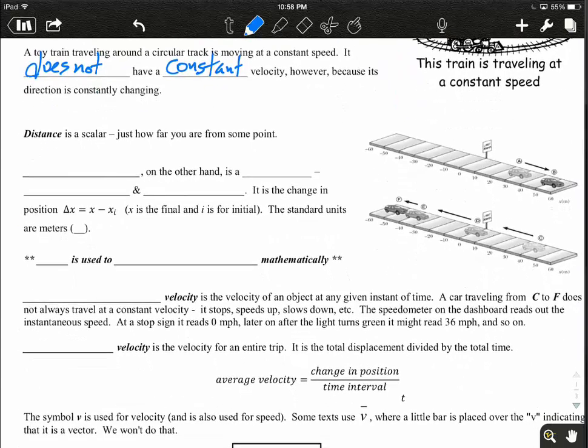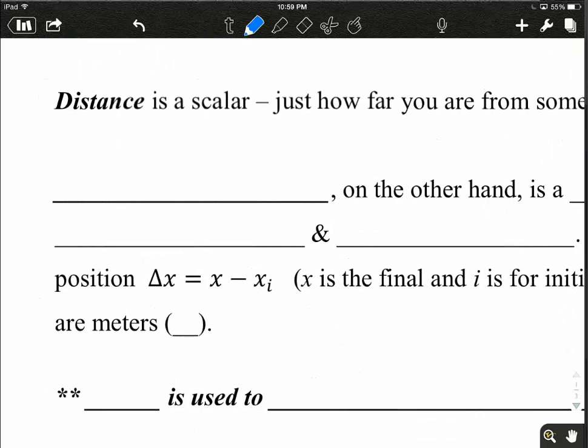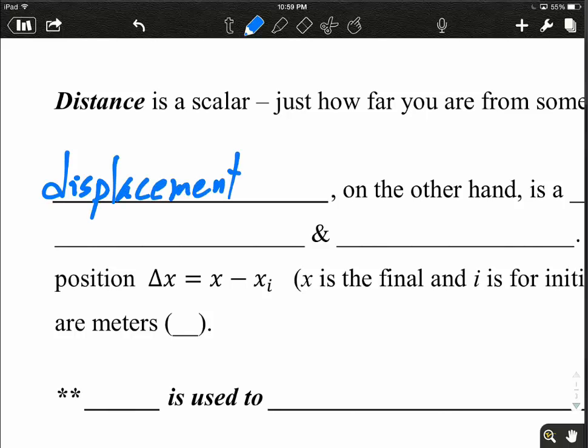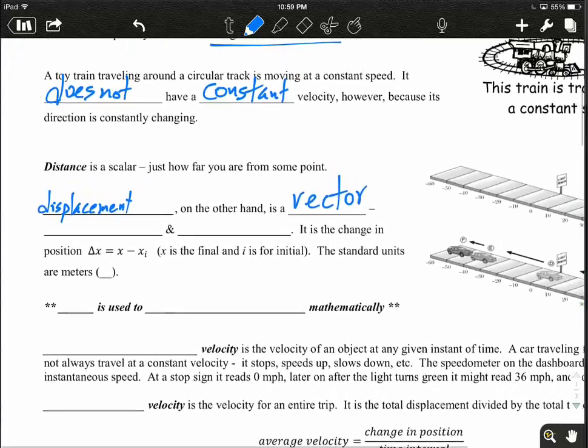Okay, distance is a scalar, meaning it has no direction. In the notes, we are using displacement. Displacement, of course, is a vector, which means magnitude and direction.